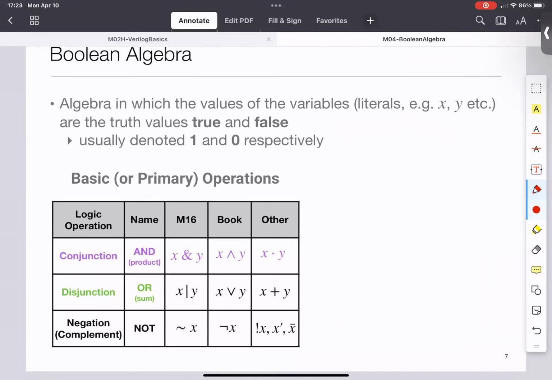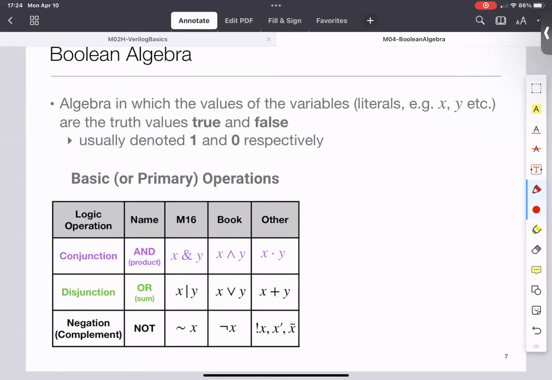In this Boolean algebra, like in our regular algebra, we have addition and multiplication and inversion, like the minus sign, for example. These kinds of operators, we have the same thing here. So Boolean algebra has three operations. There is an AND operation, which is referred to as conjunction, or product.